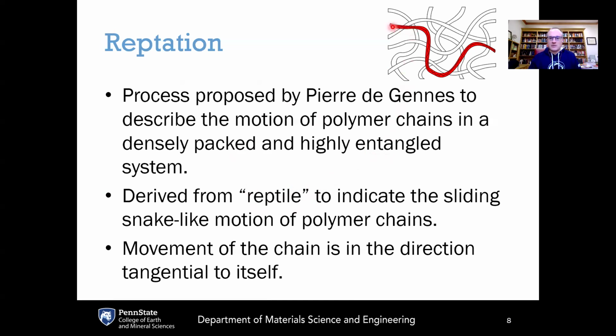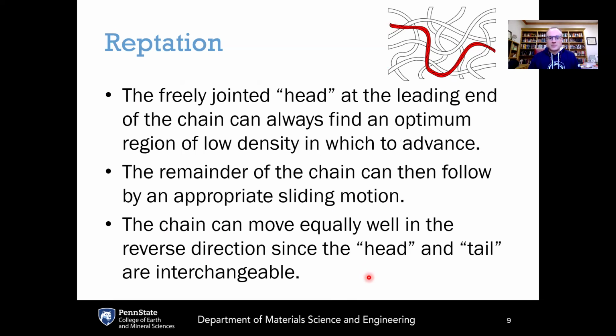Where basically, if you've got a particular polymer chain here, the assumption is that the motion of this chain is along the same axis that the polymer chain is occupying. So the movement of the chain is in the direction tangential to itself. And this snake-like motion is what gave rise to the name reptation.